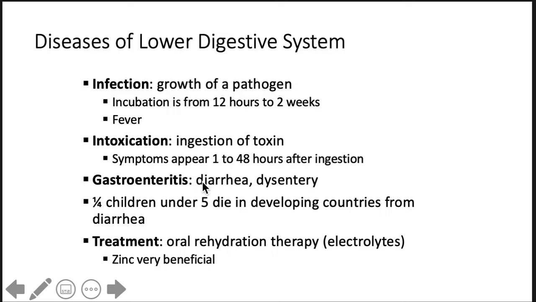Okay, if you have really watery diarrhea and if you have bloody diarrhea, then it's called dysentery. Okay, so dysentery is a very severe form of diarrhea, which is not common. Okay, and is very life-threatening.